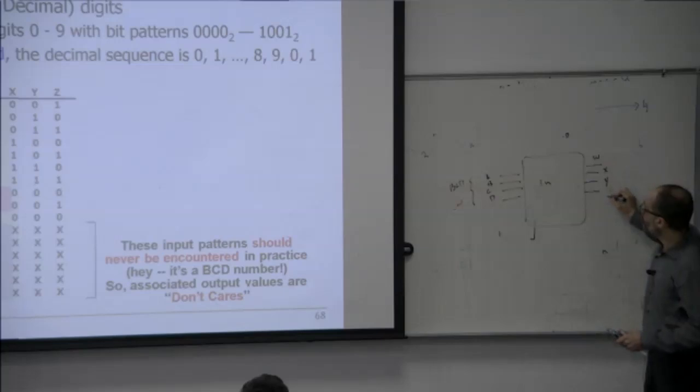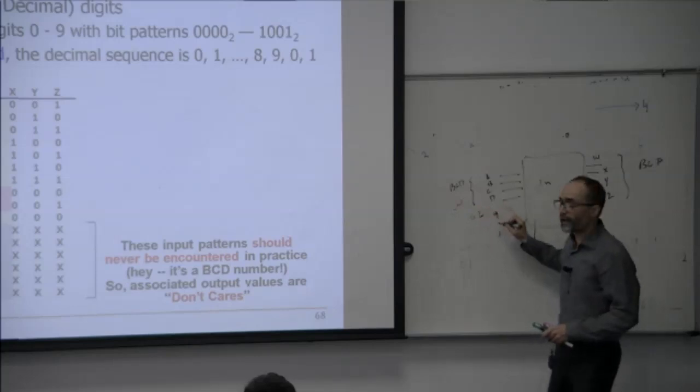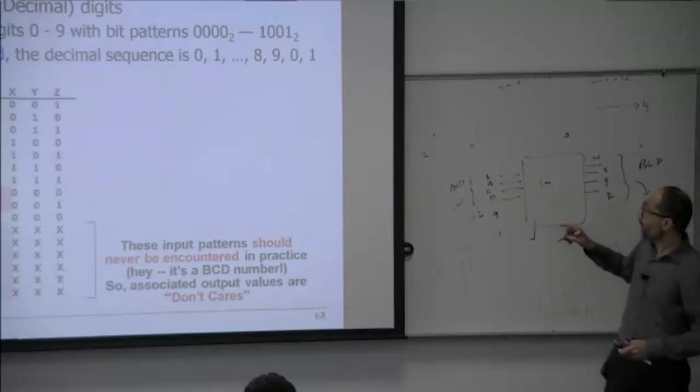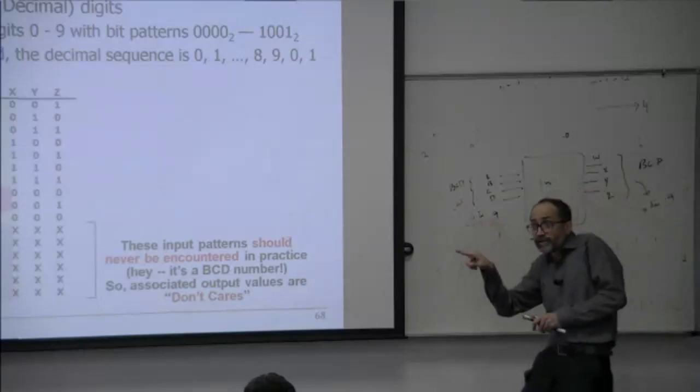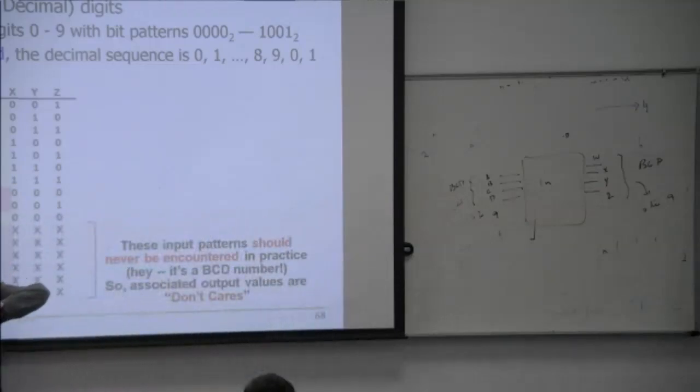W, X, Y, and Z. This is also BCD. It will range from 0 to 9. It will also range from 0 to 9. But when we add, if the input is 9, the output is 0. Remember your stopwatch. When it becomes 5, 9, it becomes 0, 0. So that's the reason. It overflows. So for this case, the above cases are valid or invalid? Valid.